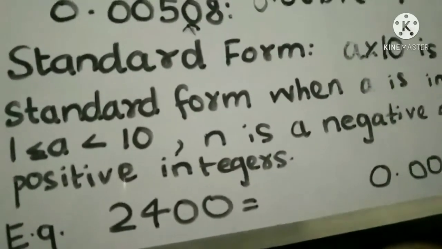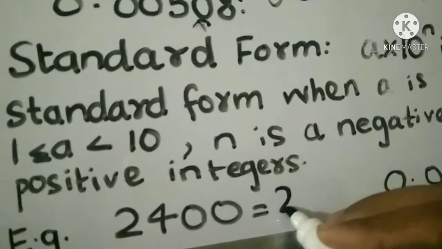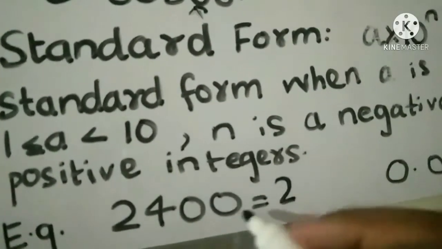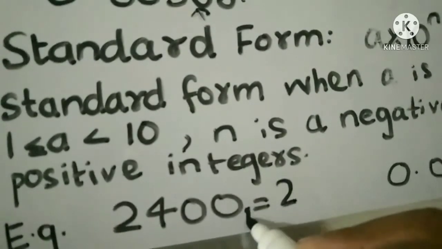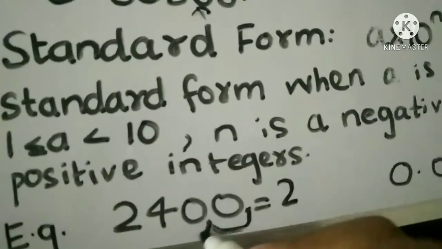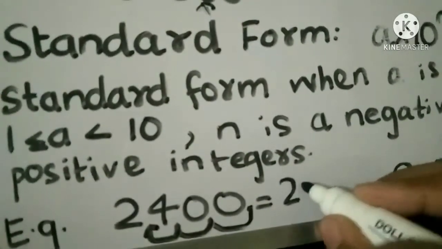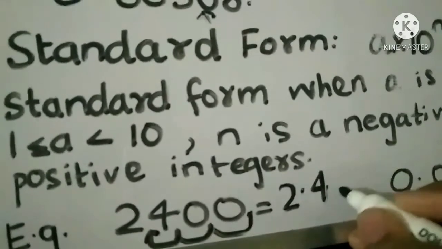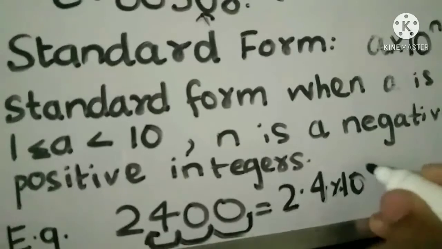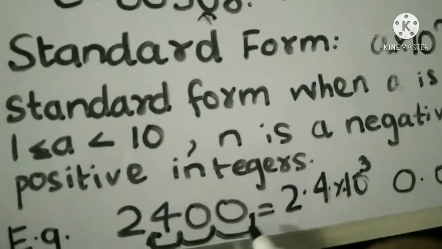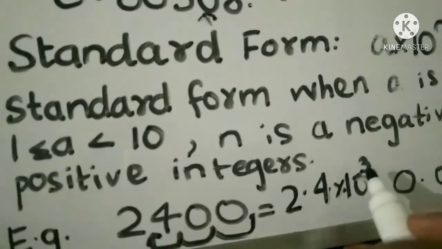For example, 2400 can be written in the standard form by supposing that the point is in the place after 0. 1, 2, 3, it will become 2.4. The number of spaces it has moved is 3. As it is moving from the right side to left, it will be a positive 3.